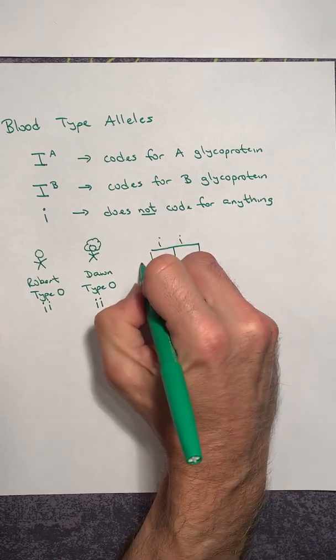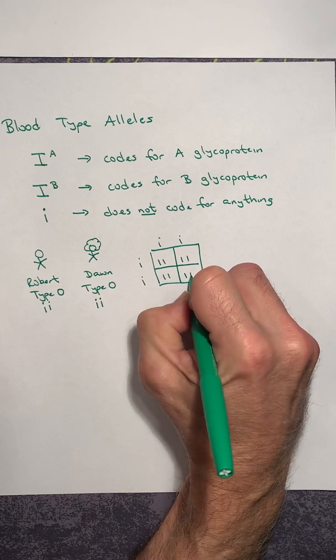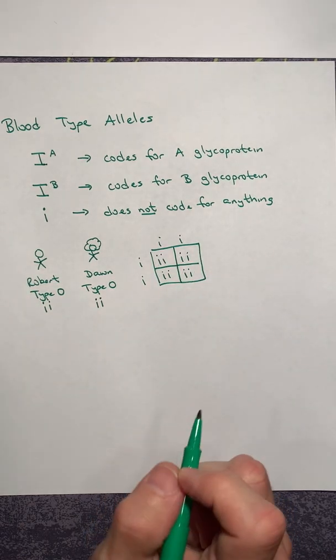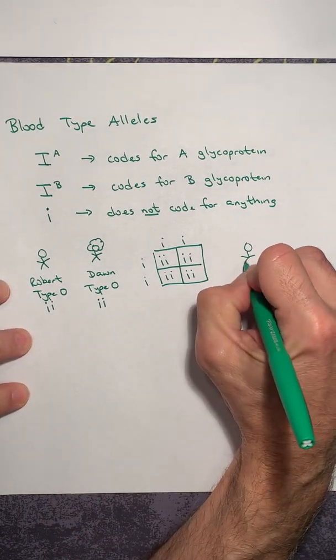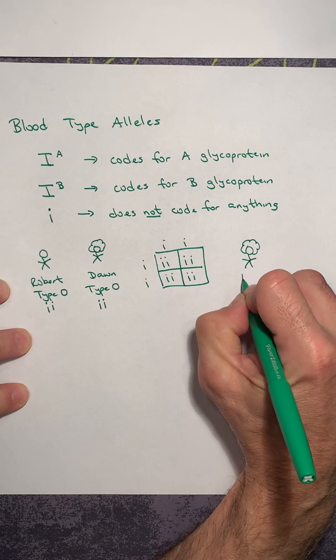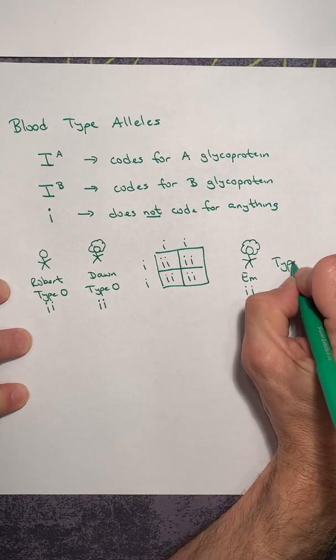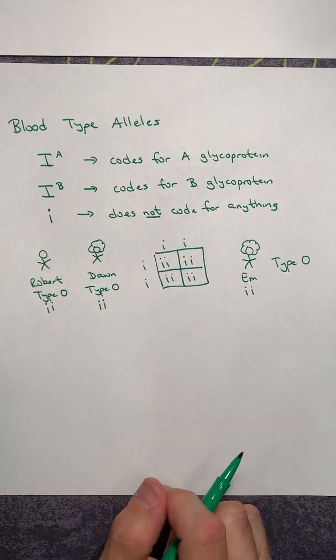So Dawn's contribution, my contribution, and hey, guess what? We have a 100% chance of, ta-da, a type O child. That's the only choice. So you all know M's blood type. She's little i, and she's type O. Please don't make this one of your genetics problems.